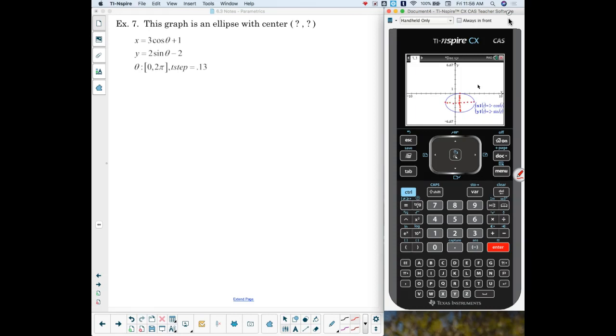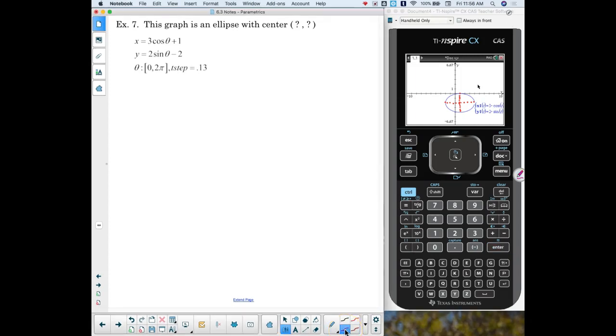So that gives me an intersection point right there, which to me looks to be at positive 1 comma negative 2.